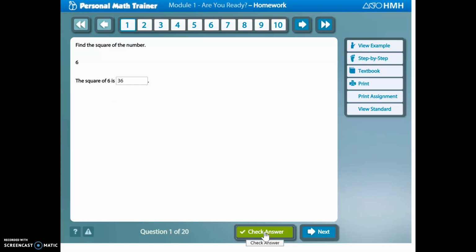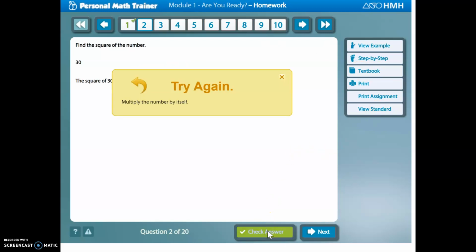If you did it wrong, I'm just going to put the wrong answer in here for this next one, and I'll say this is 90. Now when I check my answer and it's wrong, it says try again, and I have some options over here on the side. It gives you directions and says multiply the number by itself. So you can give that a try.